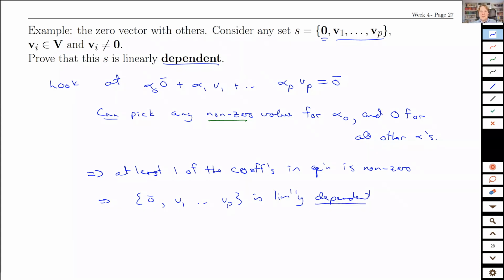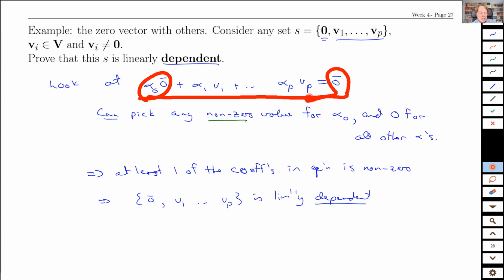Okay, so somehow the 0 vector being by itself means I can get back to the 0 vector with multiples of my vectors. But the same thing is true even if I have the 0 vector combined with, say, 3 vectors that are nice and separated in 3-dimensional space. Because the 0 vector is in there as well, it's still a linearly dependent set. I can use multiples of that to get the 0 vector and just cancel all the rest of them out.